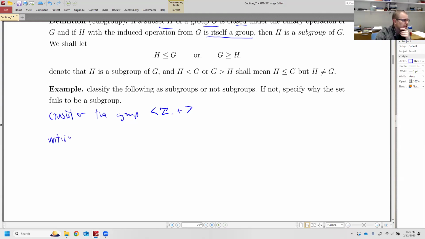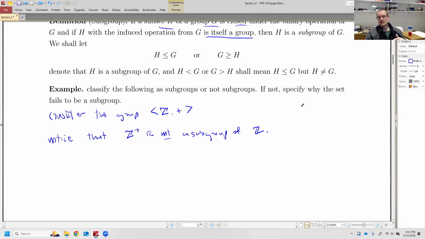Notice that Z plus is not a subgroup of Z under addition. So Z plus is all of the positive integers, 1, 2, 3, 4, and so on.